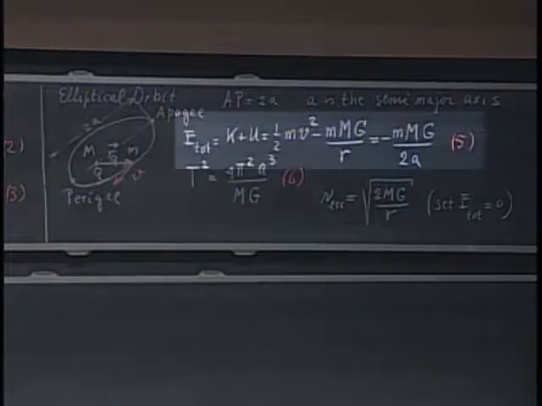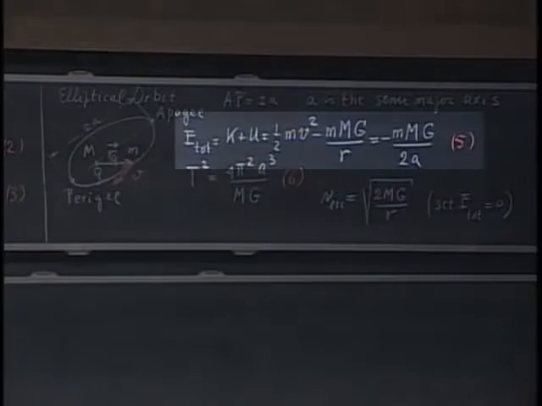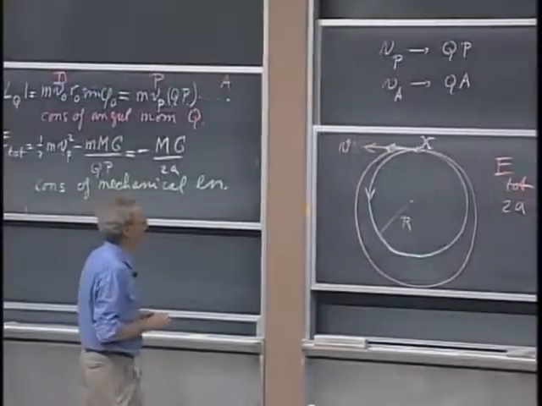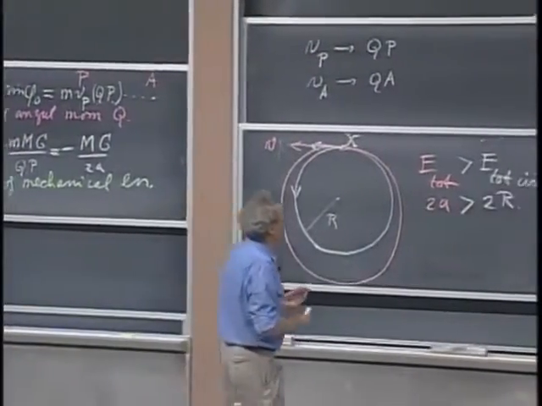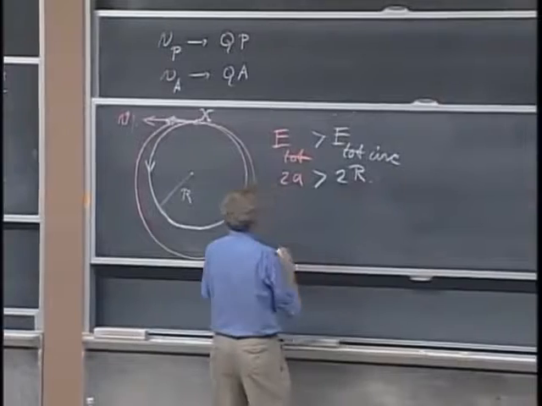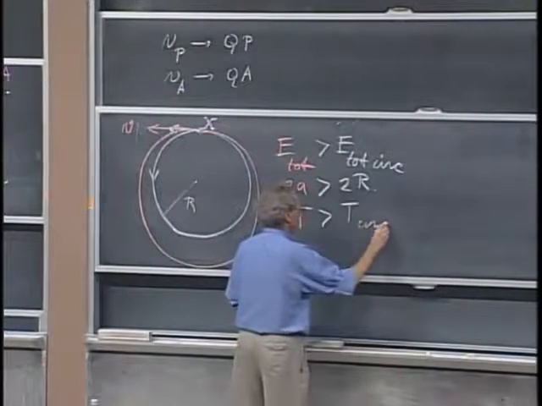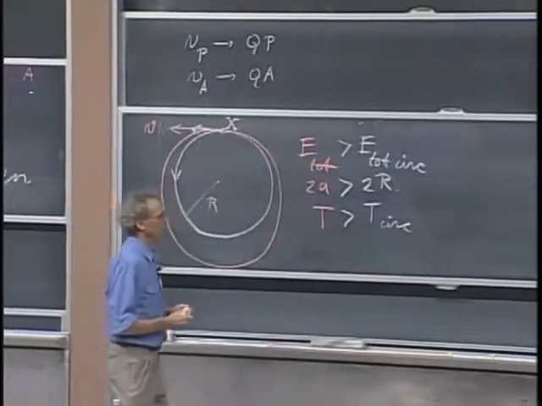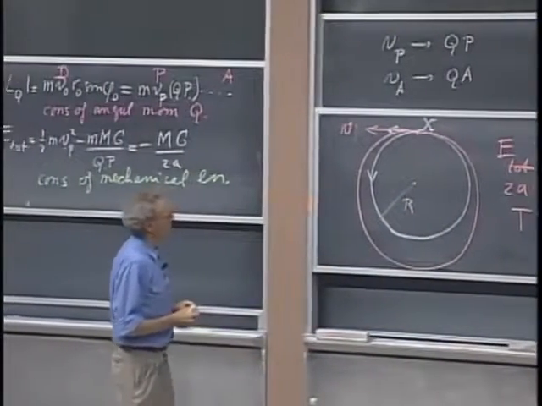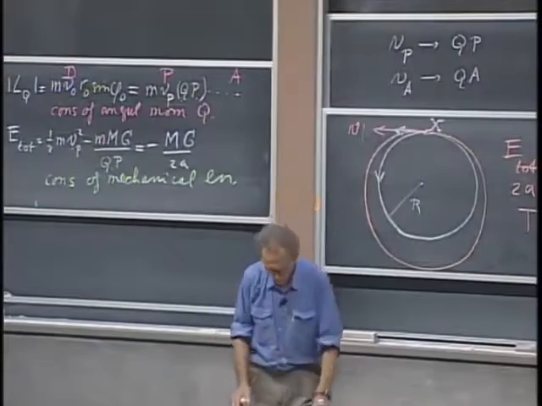If you increase the total energy, then your a will go up. Okay, so 2a is larger than 2r. That also means that the period, T, must be larger than the period in your circular orbit. Fine, so far so good.